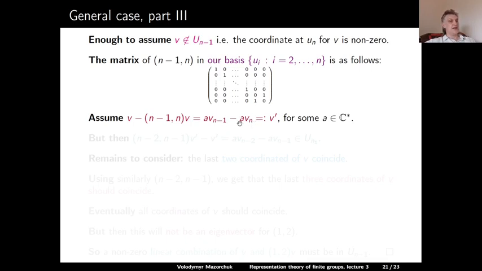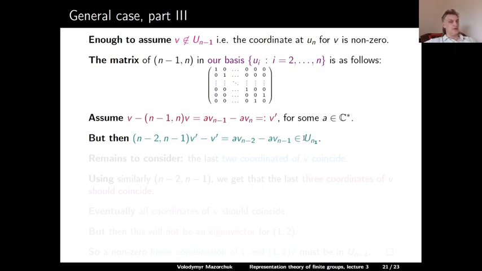Let us assume that a is non-zero, so this v prime is non-zero. Then if we apply to v prime the transposition of n minus 2 and n minus 1, and subtract v prime, we get the element a v_{n-2} minus a v_{n-1}, and this belongs to Un minus 1. And this is exactly what we wanted to prove.